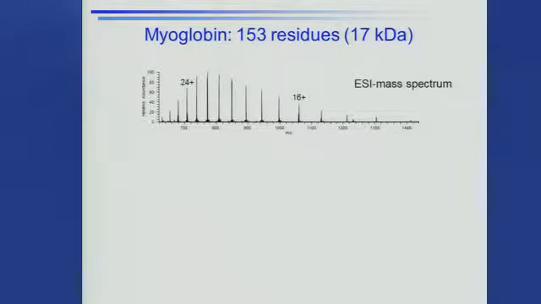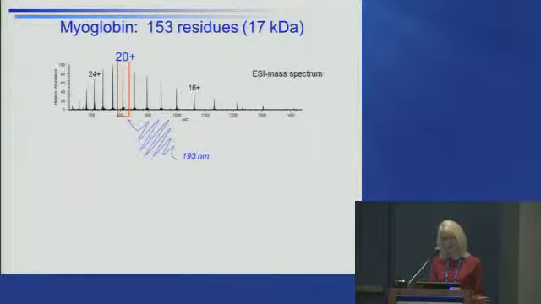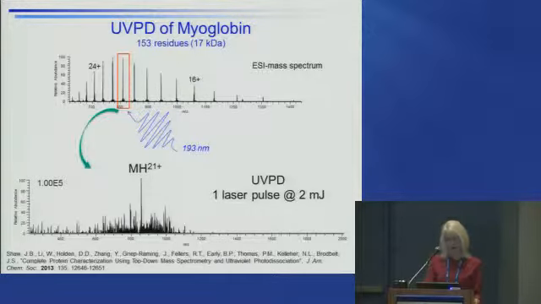And so just an example, here's a model protein myoglobin, 153 residues, about 17,000 daltons. There's the electrospray mass spectrum. We would isolate one of those charge states, for example, the 20+ charge state, and irradiate it with 193 nanometer photons. That gives a fragmentation pattern that looks like this. This, for example, was acquired using a single laser pulse at 2 millijoules.